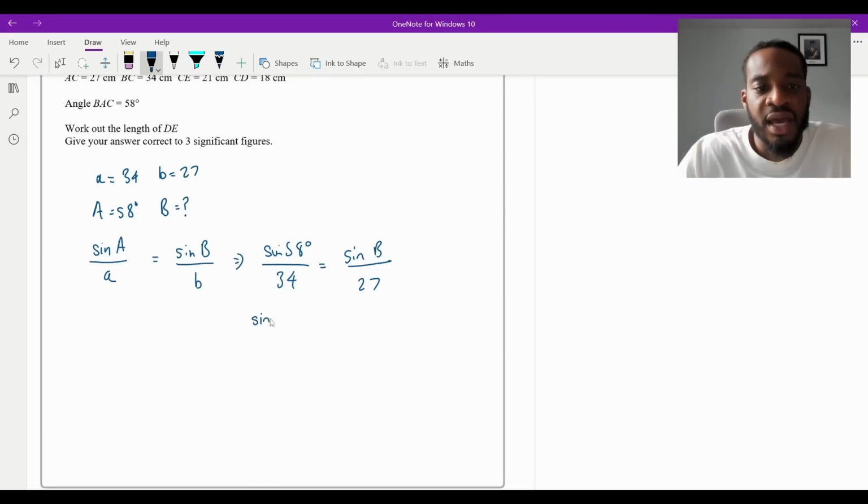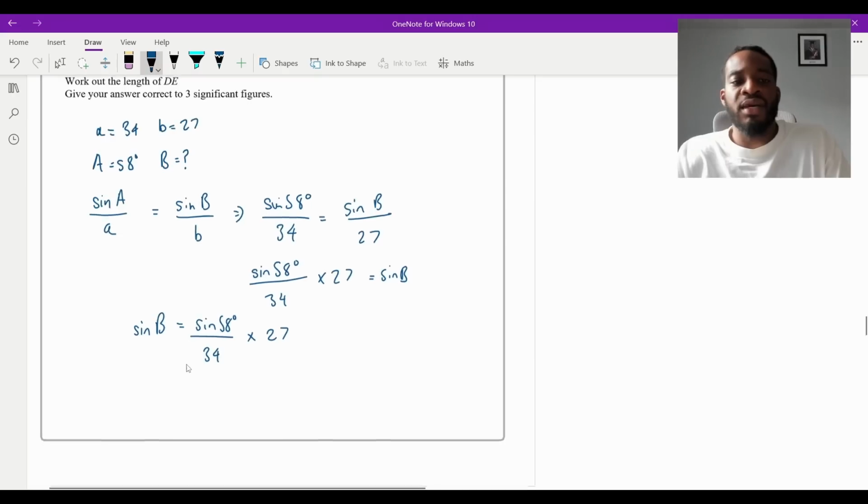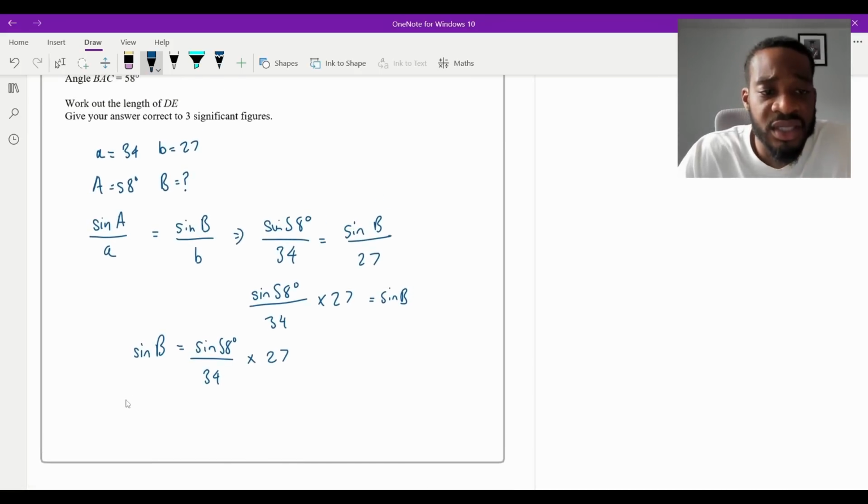So it becomes sine 58 over 34 times 27 equals sine B. If I write this the other way around, sine B equals sine 58 over 34 times 27. Then I can calculate what B is by doing the sine inverse of all of that. So B equals the sine inverse of sine 58 over 34 times 27.